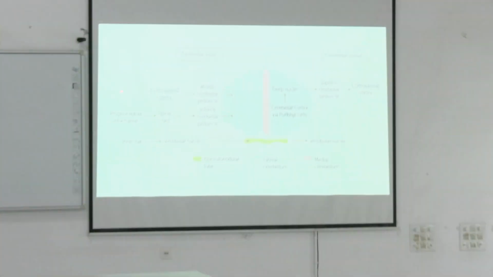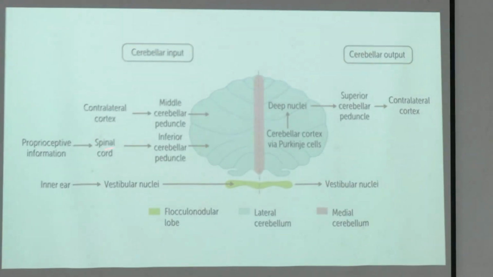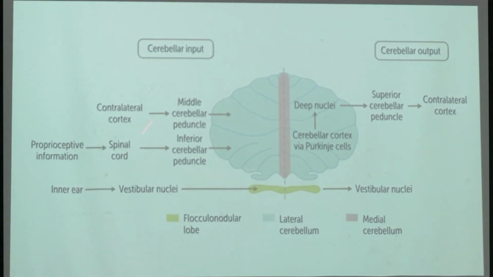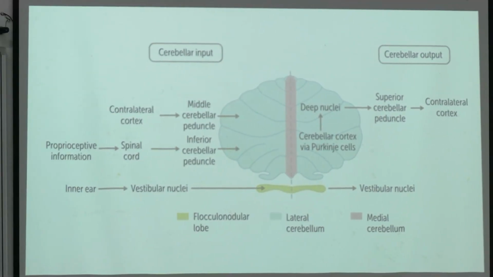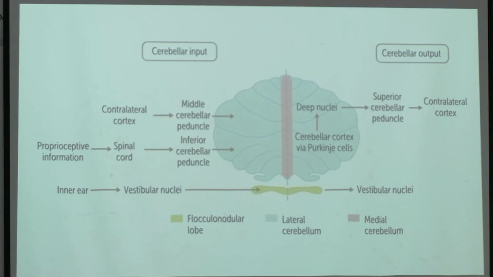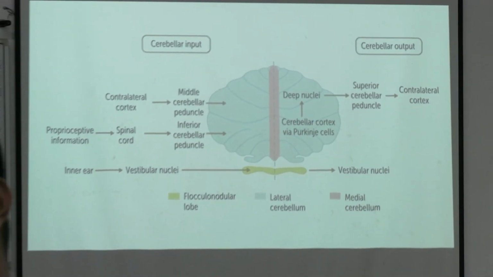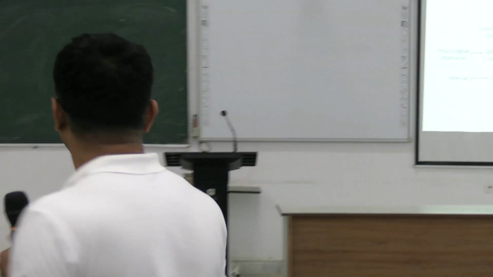This is one. Another is it takes information from the spinal cord. What information? Proprioceptive information. Your joint position sense is also sent to cerebellum, right?